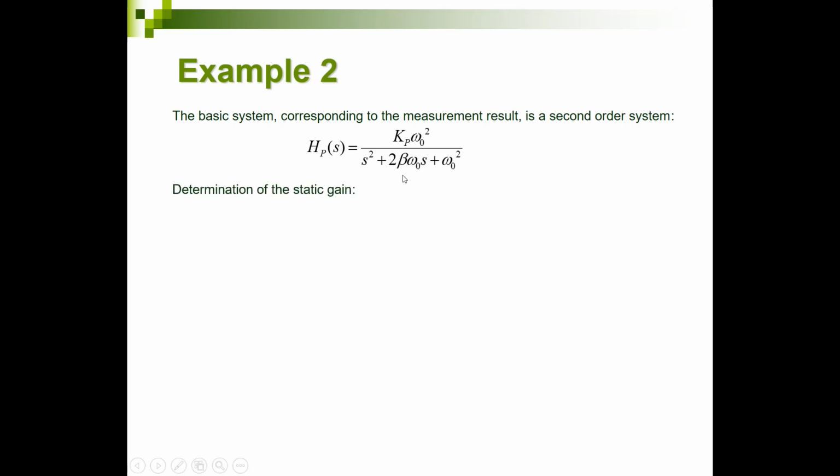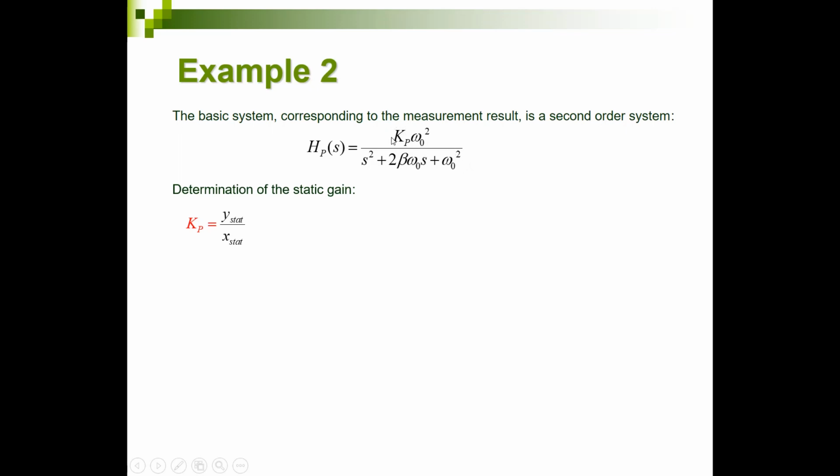So first of all, we determine the static gain. We have seen that we can define the static gain as the situation in which we put s to 0, because static means nothing changes, so all the derivatives are 0. So we can put s squared and s to 0, and then my transfer function for the static situation is Hp is Kp times omega 0 squared divided by 0 plus 0 plus omega 0 squared.